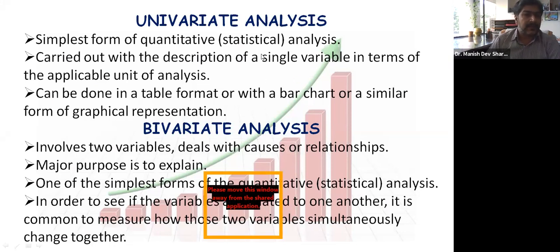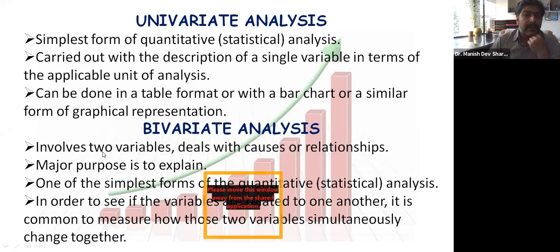The first one is the simplest form of quantitative analysis, carried out with the description of a single variable in terms of applicable units of the analysis. It could be done in table format or with a bar chart or a similar form of graphical representation.